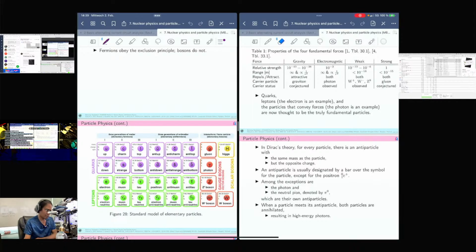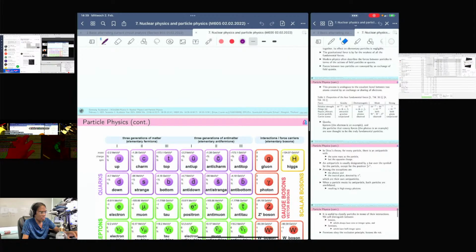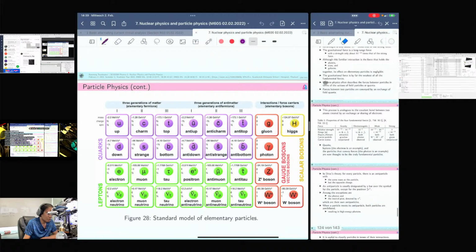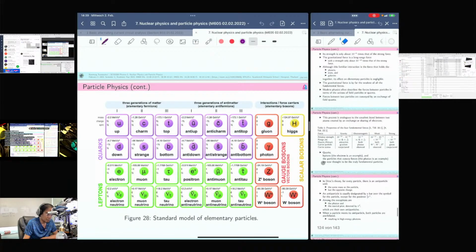As you can see, quarks are here, the violet ones. Leptons, the green ones. And the particles that convey forces are known here as bosons. These are considered the truly fundamental particles. Every bigger particle could be formed by using these three groups, three types of particles.